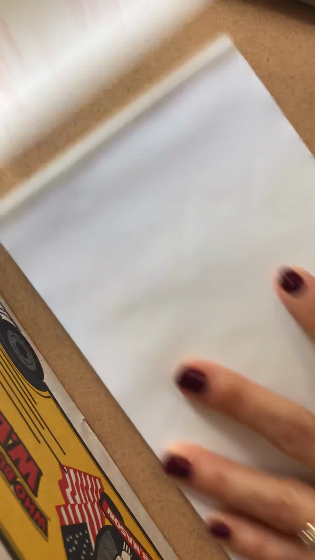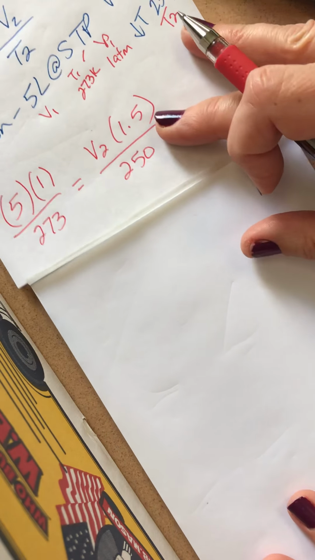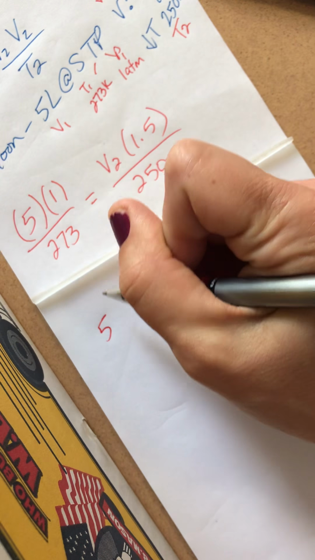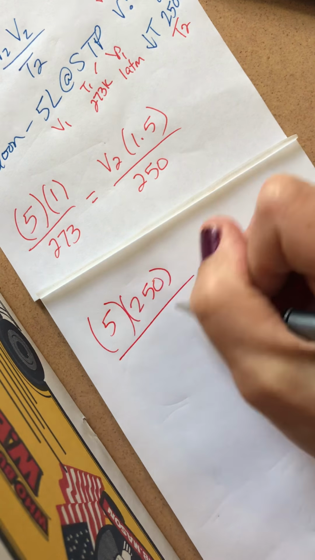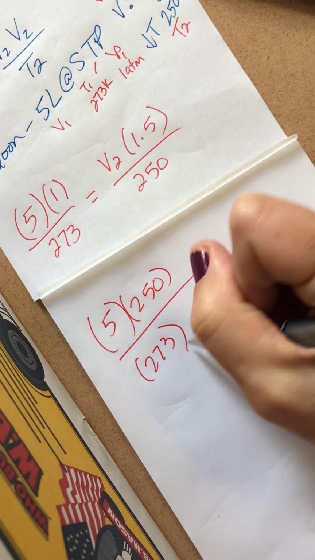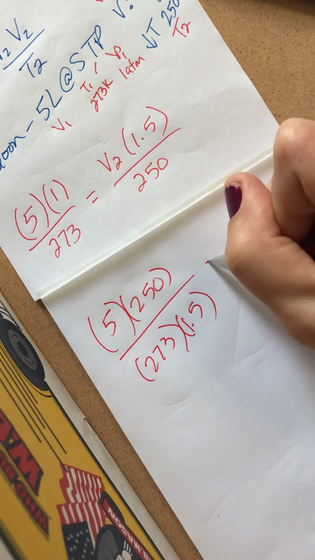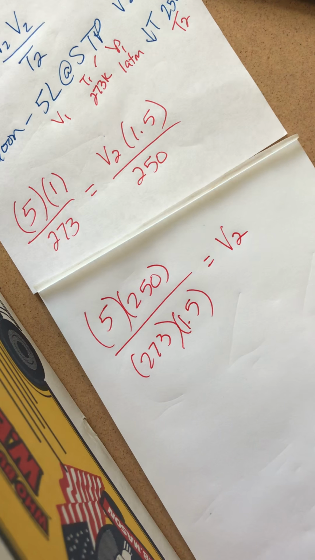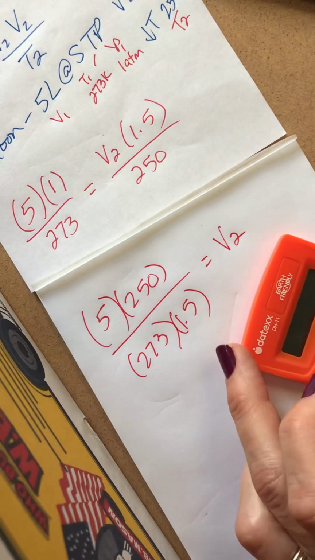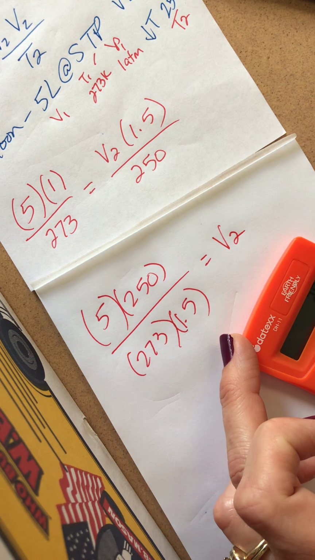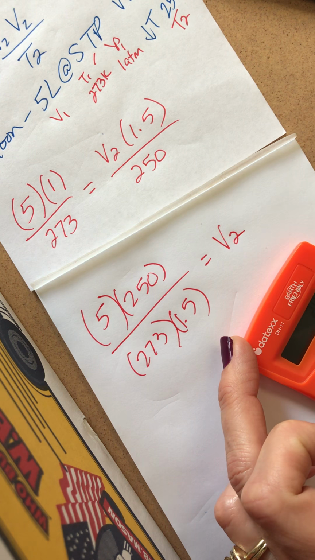And if I had to solve, I need to keep going here. So I have 5 times 1 is 5 times 250 divided by 273 times 1.5 would equal V2. So there's my setup, and I can do the math. So I just have a little calculator here. I can't punch things in, so I got to go like that.